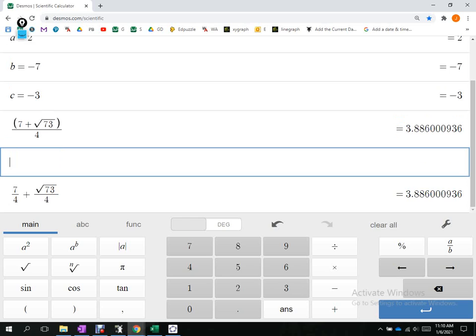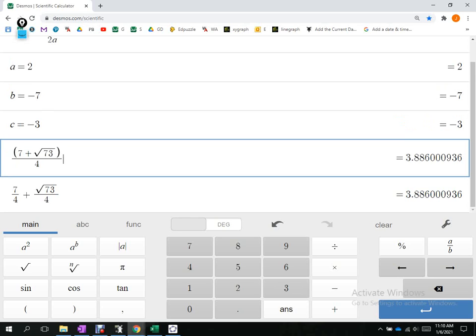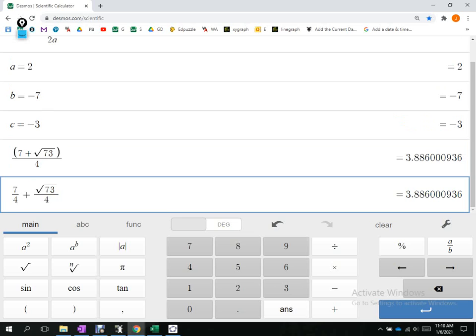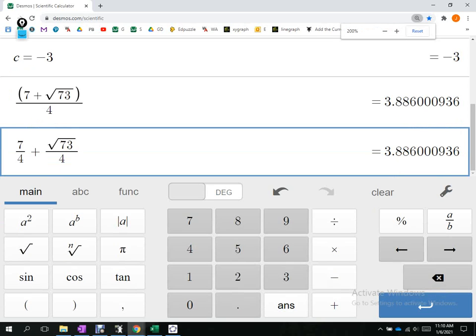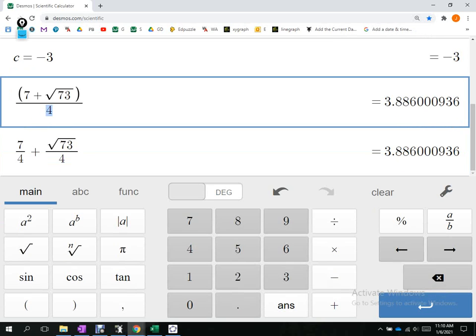So what I want you guys to see here is that that and that are equivalent formats. When I put this 4 right there and I have a sum up top, it is equivalent to saying it's the 7 divided by that 4 plus the radical 73 over 4.